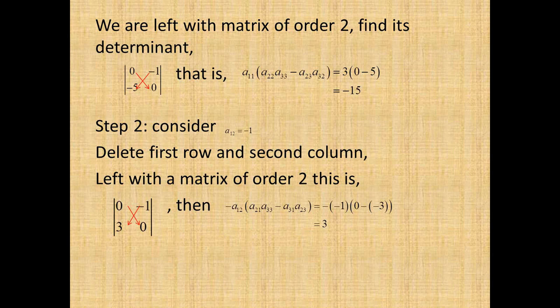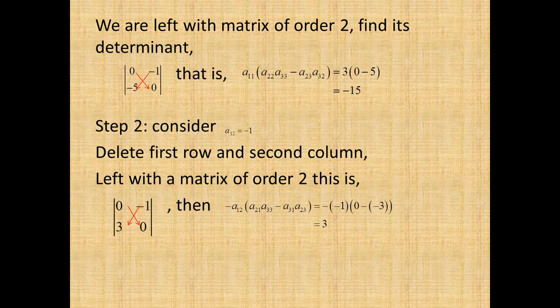Now I move to the second element, A12, which is equal to minus 1. Since it is at position 1, 2, I remove the first row and the second column.